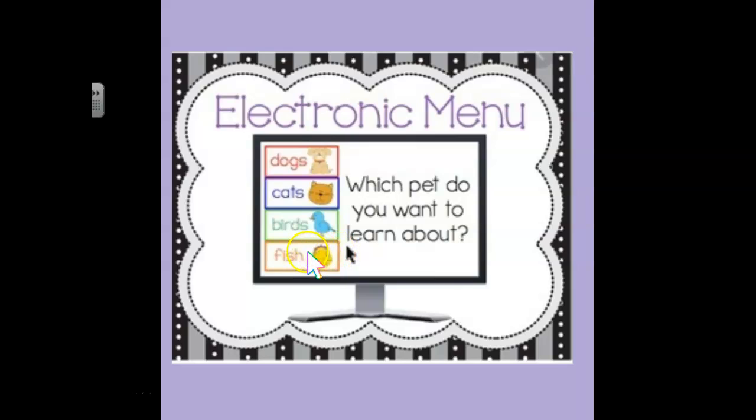And then maybe you would click on the fish and learn about the fish first, and then some of the other ones that maybe are a little more trouble than the fish, okay? And then maybe you could try some of the other pets and figure out the pet that you want. All right, now I'm going to show you how to use an electronic menu and how icons work, which I know you guys know how to use an icon, but I'm just going to double check.